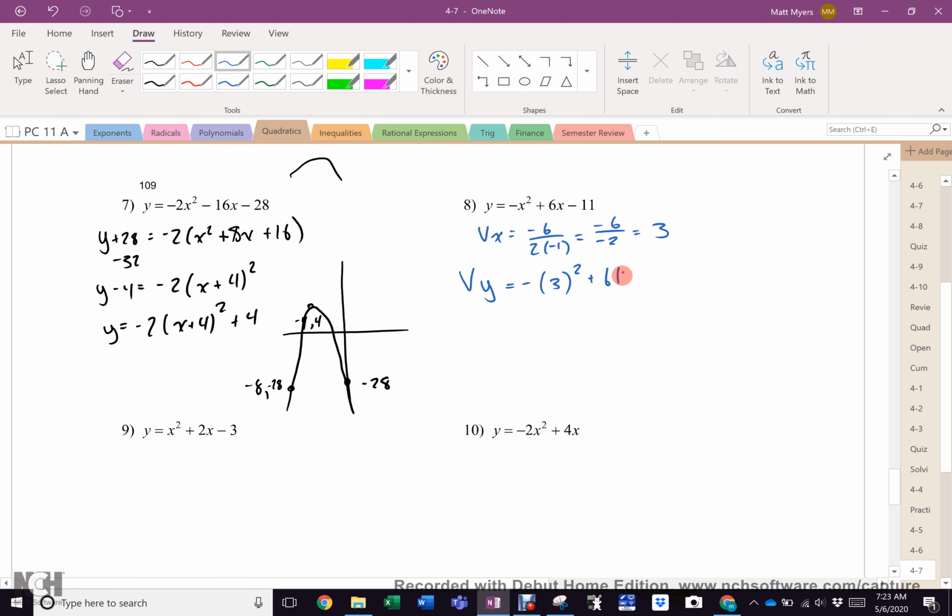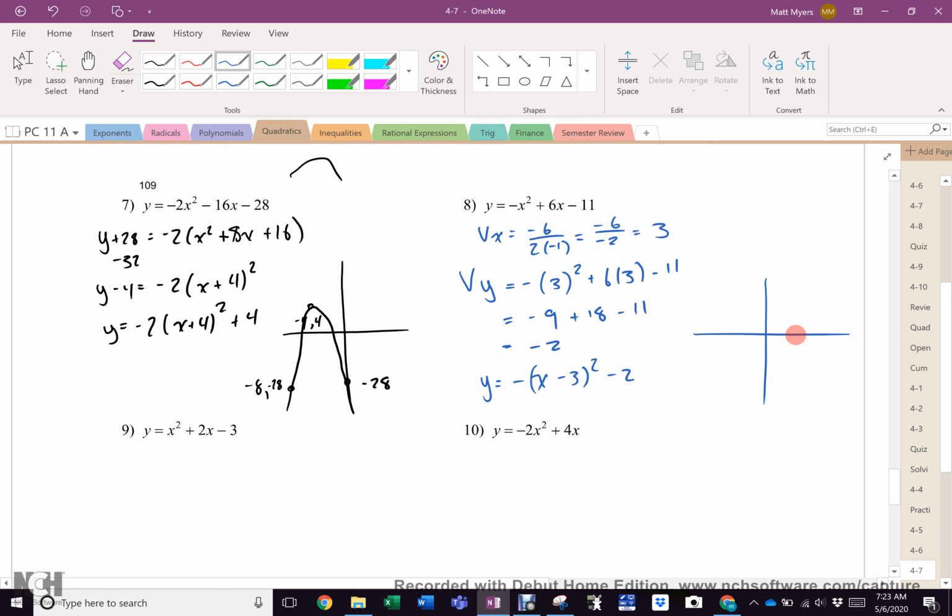Plus 6 times 3 minus 11, which is negative 9, plus 18 minus 11, which is negative 2. So y equals negative (x minus 3) squared minus 2.